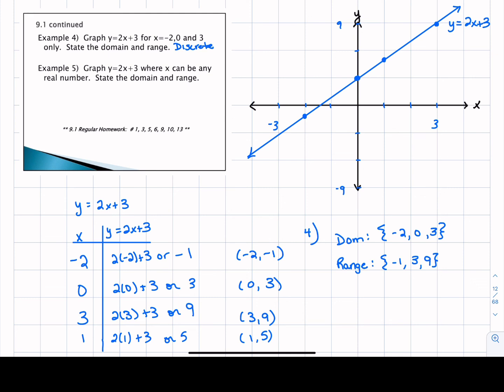What that does is it changes how we write the domain and the range because we're supposed to connect the dots here. So when we think about the domain, I want you to think about how far left this graph is going to reach. So if we keep tracing this line further and further to the left, I'm going to go further into the negatives, but we're not talking about down, we're talking about further to the left.